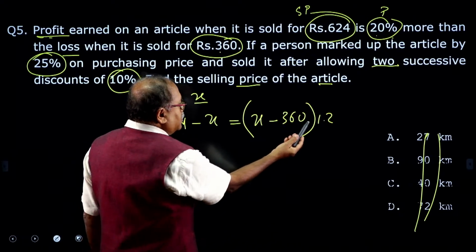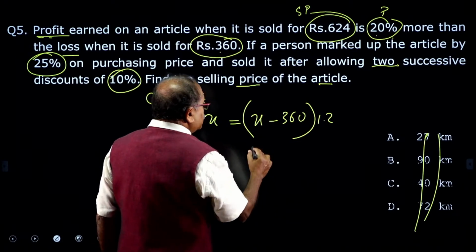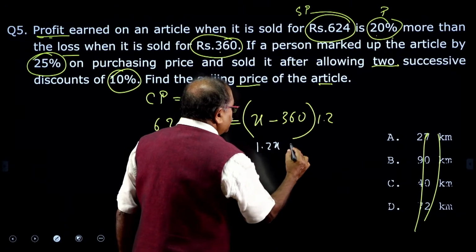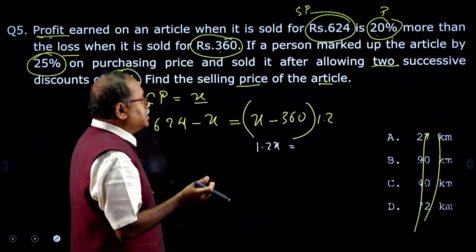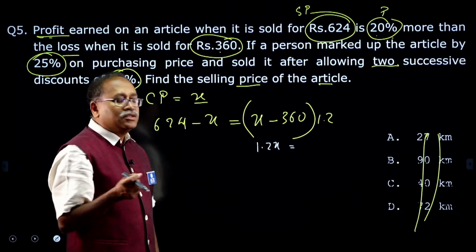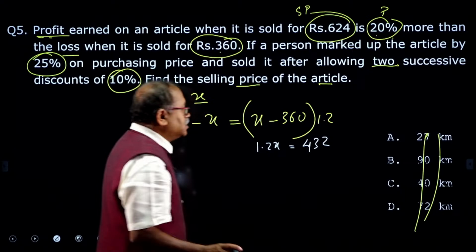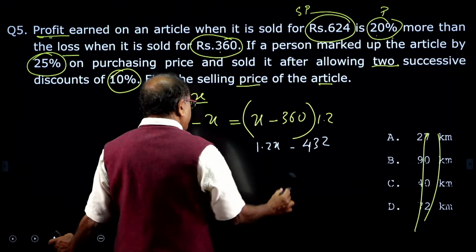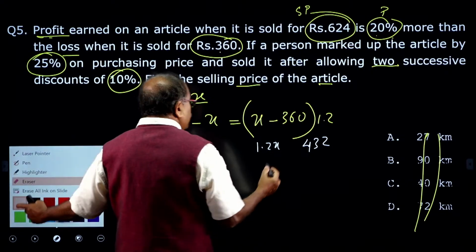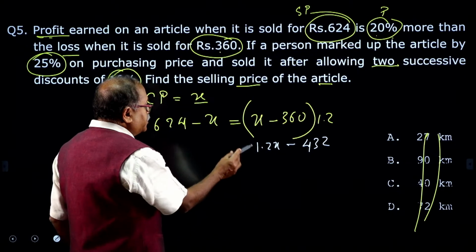So, here 1.2, if you multiply this, I am getting 1.2x and 432 is the value here. Now, this is minus, not equal to, this is minus this. So, let us cancel this part here.